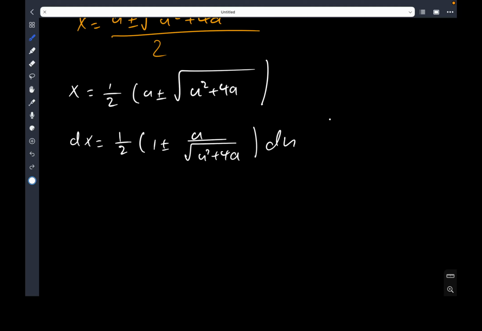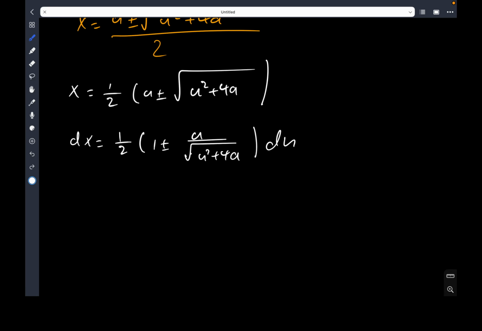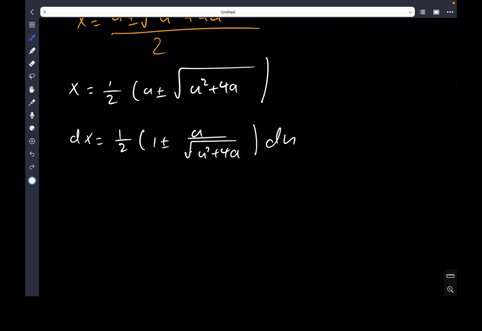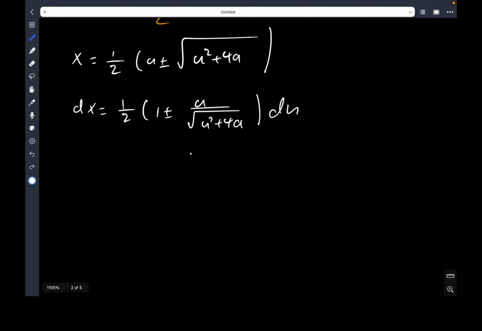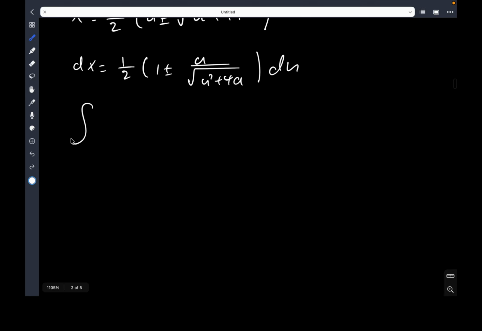Now the attention that we should pay here is this plus or minus. Should we choose the plus or minus root? So first of all, let me write this integral again that we wanted to resolve.